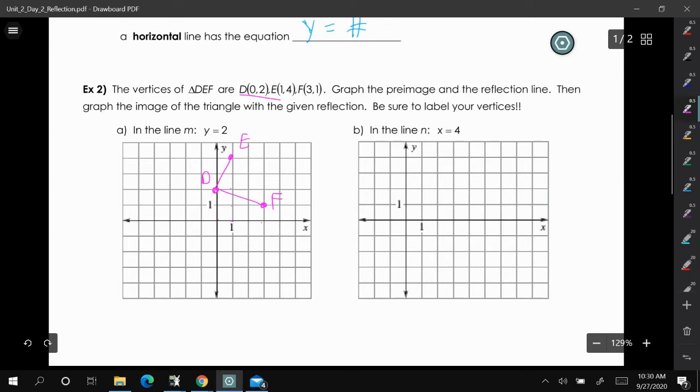So here's the original triangle. And we have the same thing over in letter B, so let's plot that real quick for letter B. D, E, and then F. Okay, so we have our picture drawn for both examples.